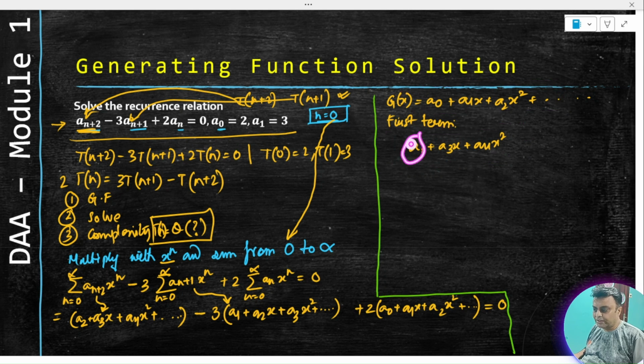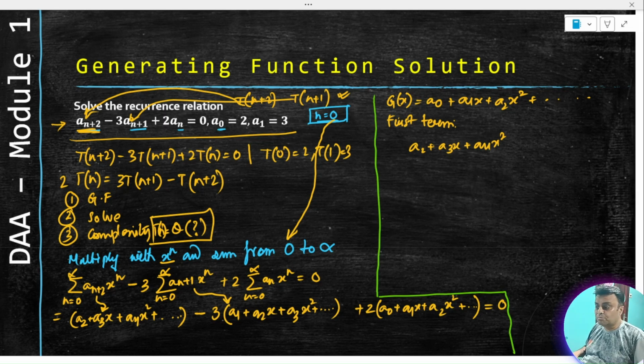You see that a2 should come with x square. X square is missing here. a3 should come with x cube, so x square is again missing here. a4 should come with x4, so x square is again missing here. So immediately you realize that throughout I have to multiply by x square.